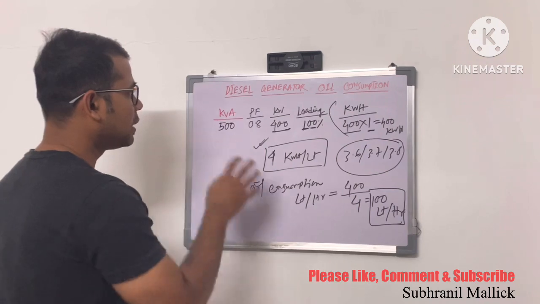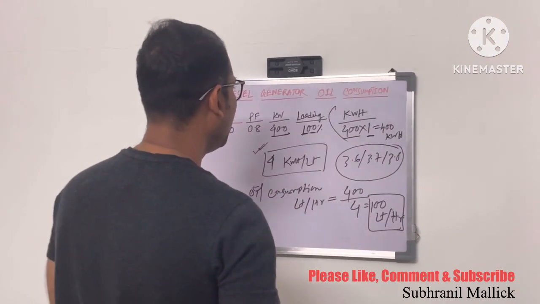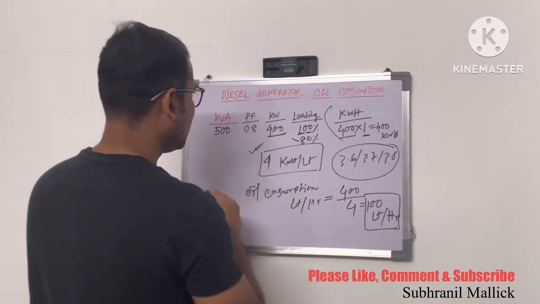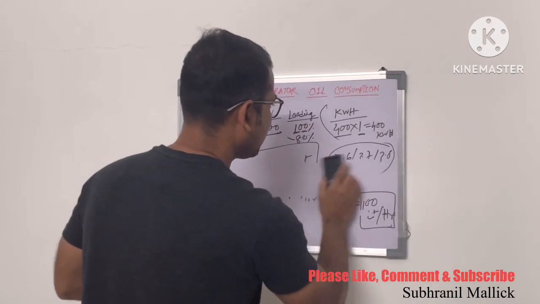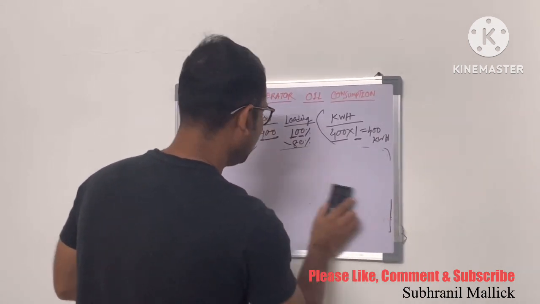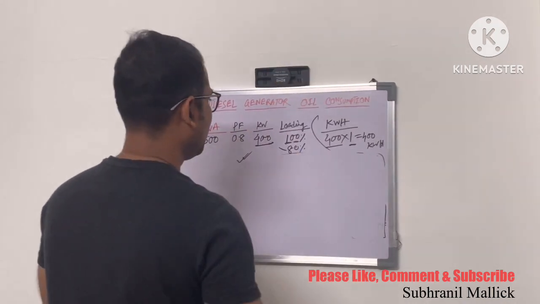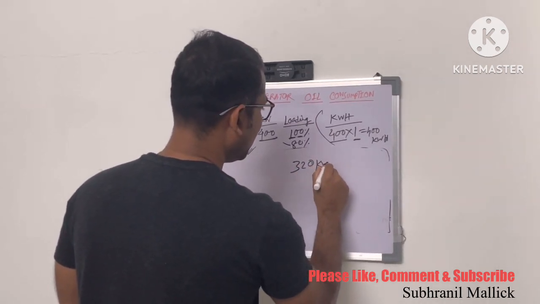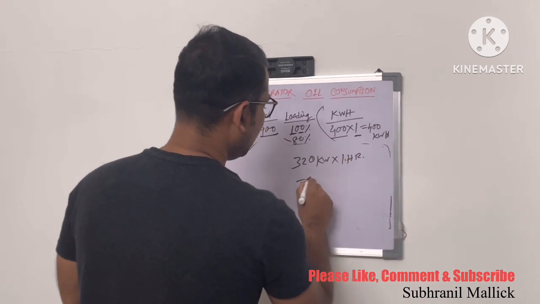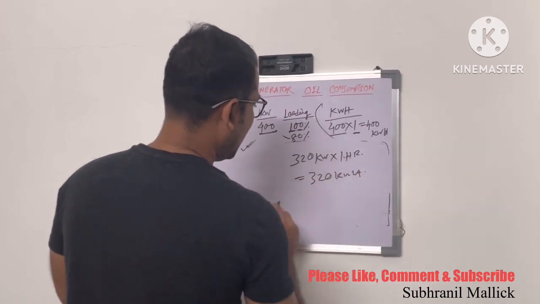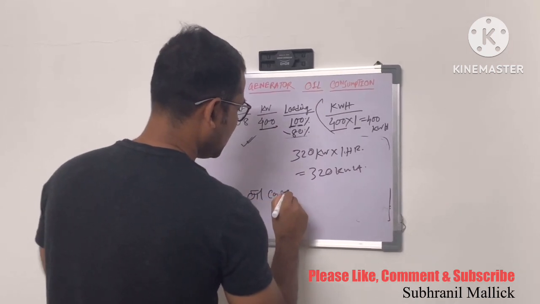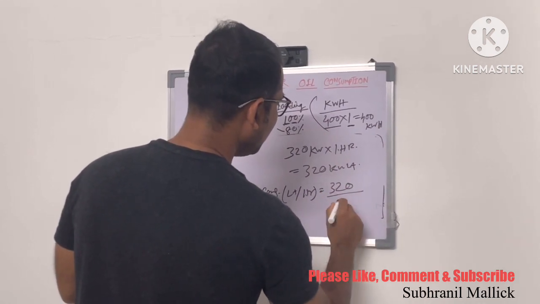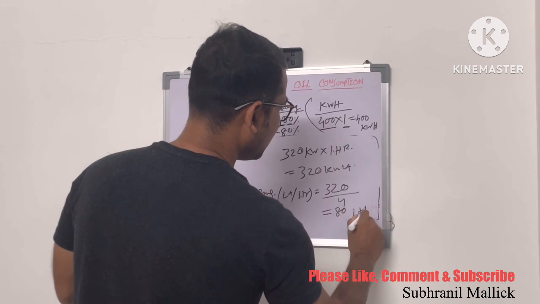If it is asked that the loading condition is 80%, then you have to consider 80%, and it will be calculated like this. For 80% loading, it will be 320 kilowatt into 1 hour, which is 320 kWh, and the oil consumption in liter per hour will be 320 by 4, equal to 80 liter per hour.